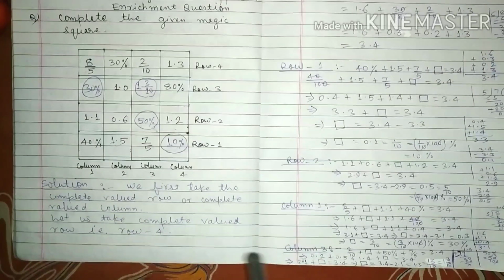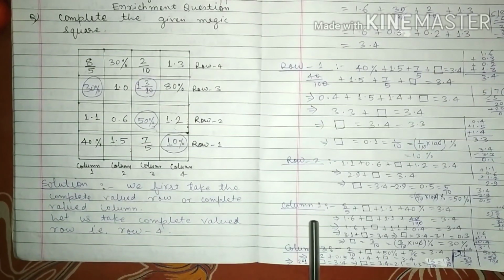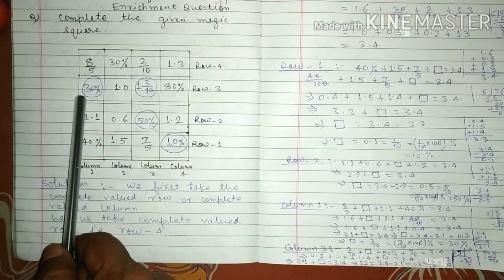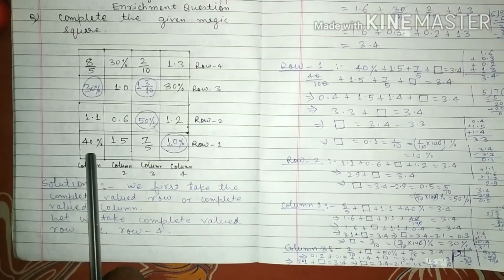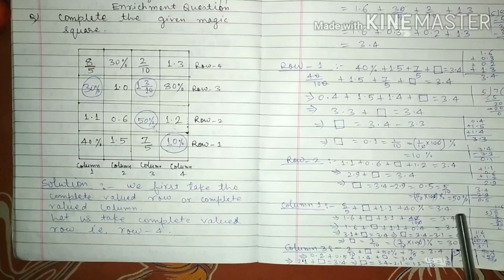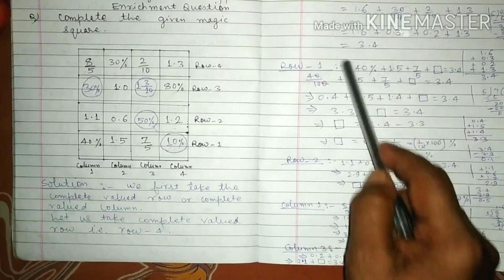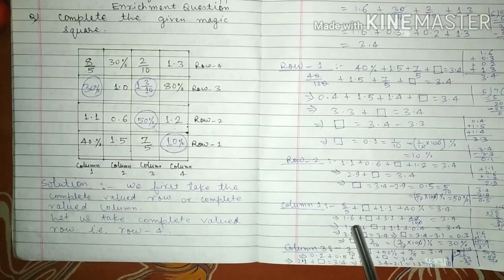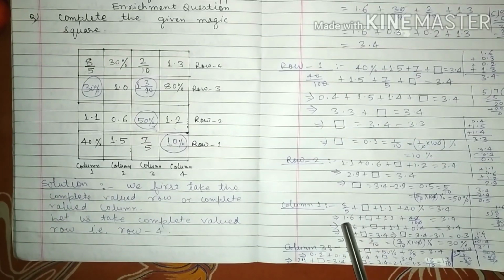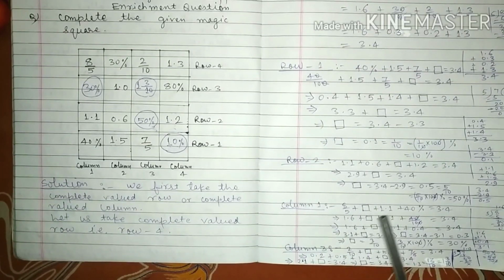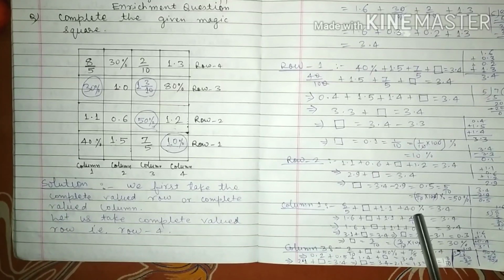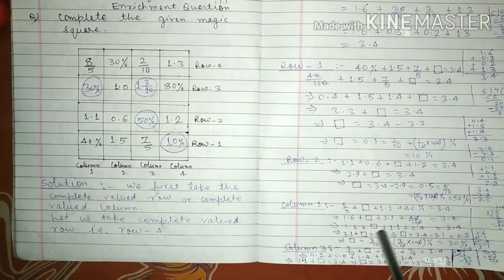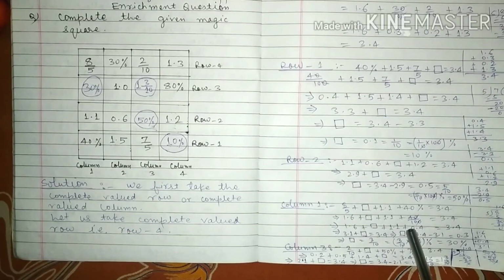Column 1. Here we get 8 by 5 plus box plus 1.1 plus 40% equals 3.4. This sum is 3.4. 8 by 5 equals 1.6 by division. We have 1.6, box, 1.1, and 40% means 40 by 100, 0 and 0 cancel, equals 3.4. Now we write 1.6 same, box same, 1.1 same, and here 4 by 10 can be written as 0.4.